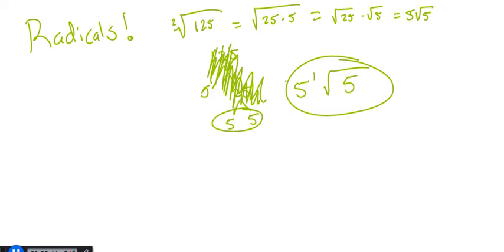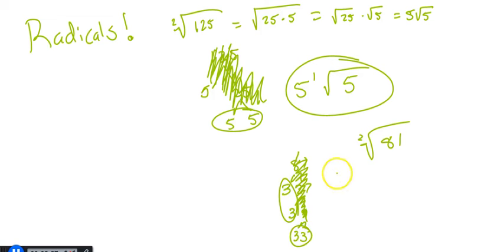Okay, now let's say that we're doing something like the square root of 81. Okay, let's break 81 up. Alright, that's 3 and 27, 3 and 9, 3 and 3. Okay, so ignore all this stuff now because I have my tree branch ends. I am looking for groups of 2. So here's a group of 2, here's a group of 2. That means I have one group of 3 coming out.